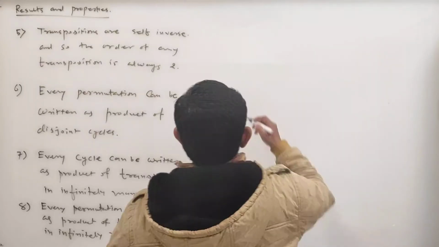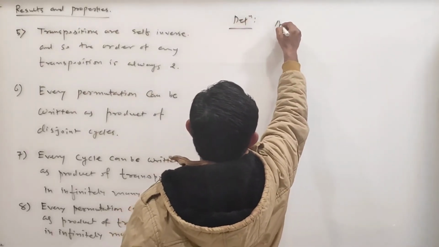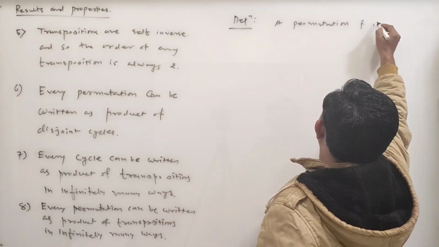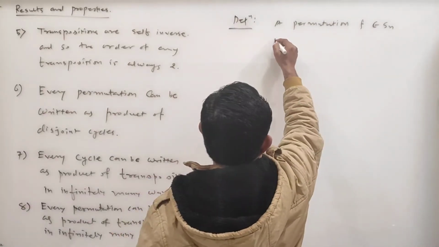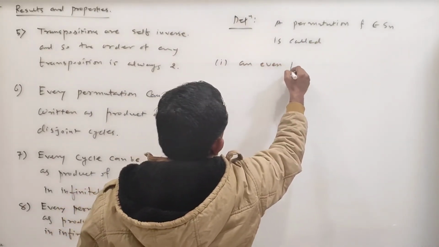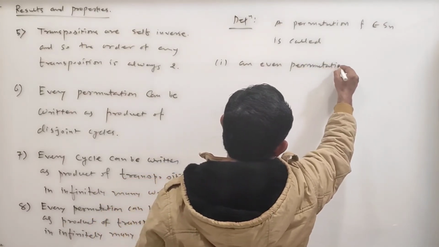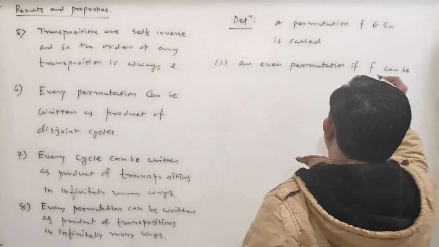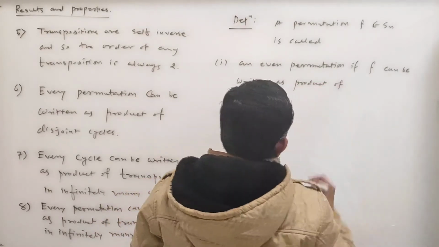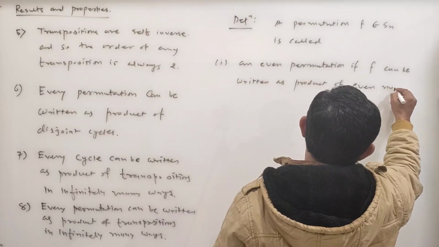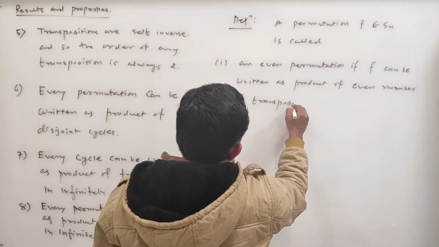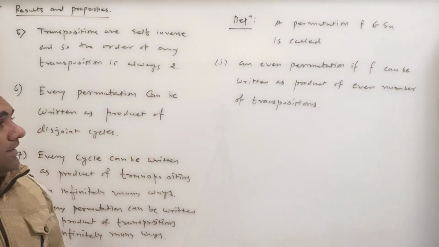So this is our next definition. A permutation F belongs to Sn is called, first, an even permutation if F can be written as a product of an even number of transpositions.